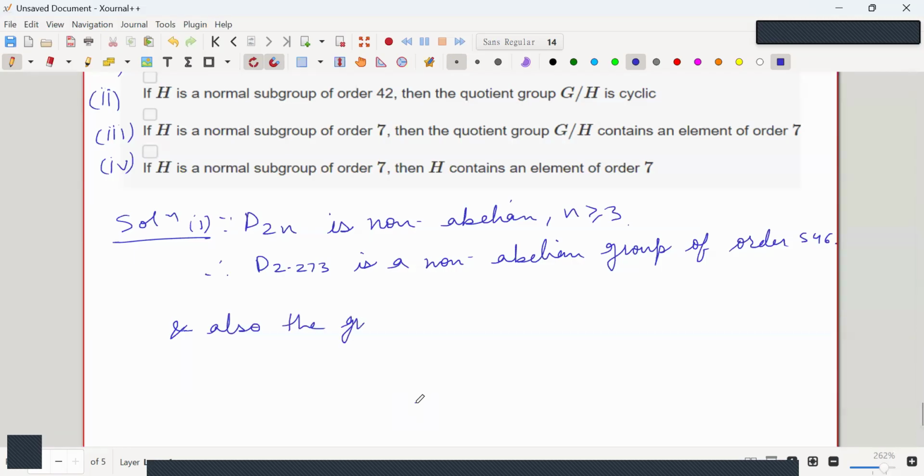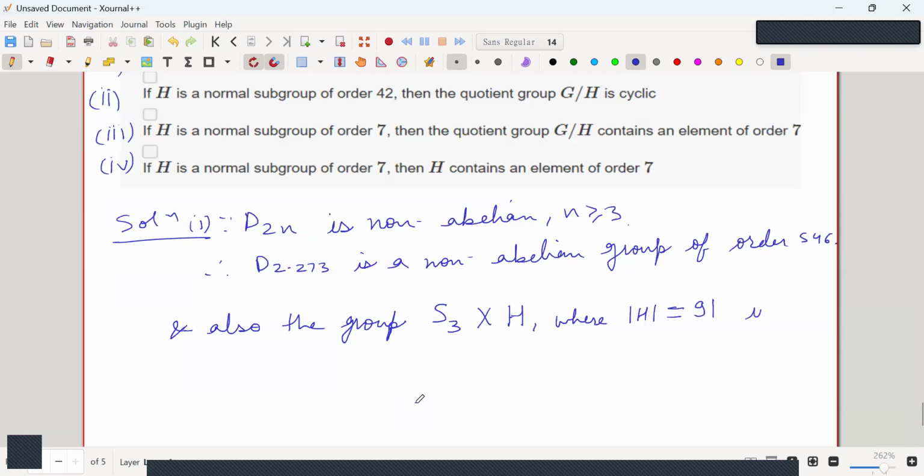So can you construct a group of order 546 using S3? Just take the direct product of S3 with any group H of order 546 divided by 6, so the order of H is 91.